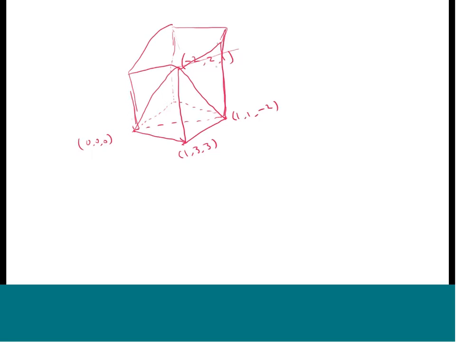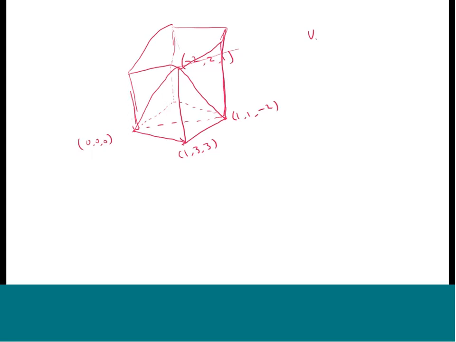That will be the parallelogram solid. So what's the difference between the volume of the parallelogram solid and the tetrahedron?